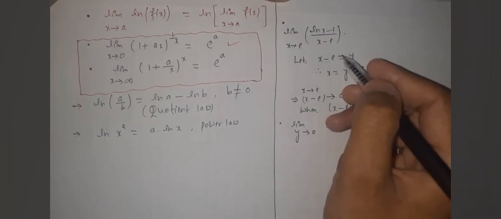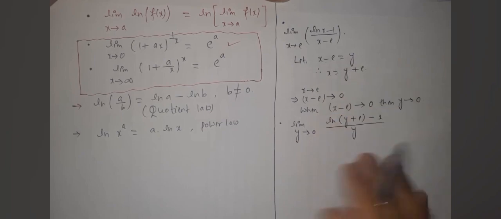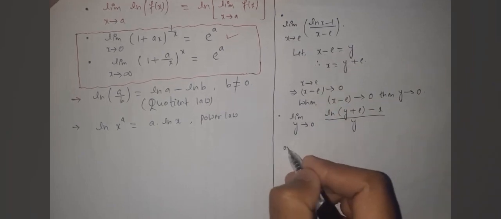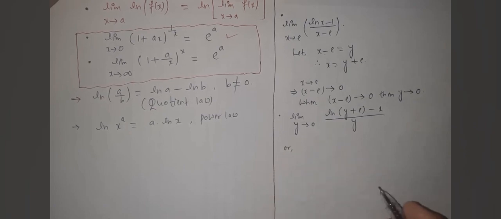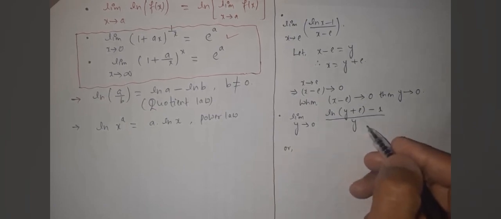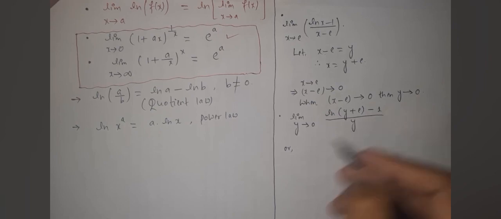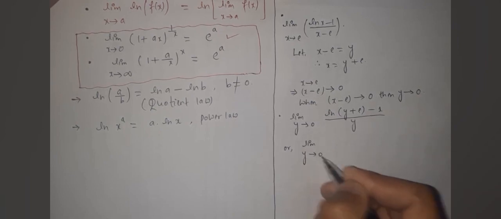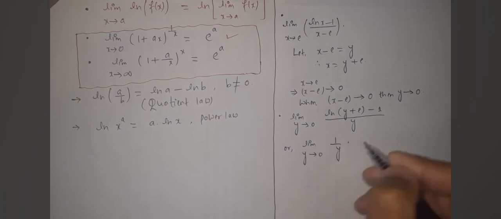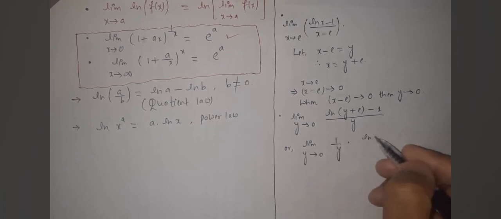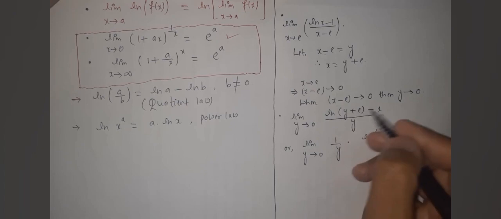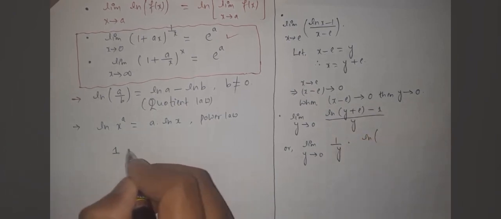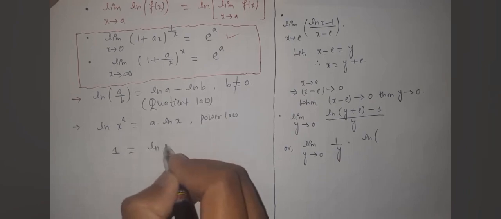Here we just suppose and then do some simplifications, and this can be written as limit y approaches 0 of 1 over y times ln of, here in the numerator, the number 1 can be written as ln of e.